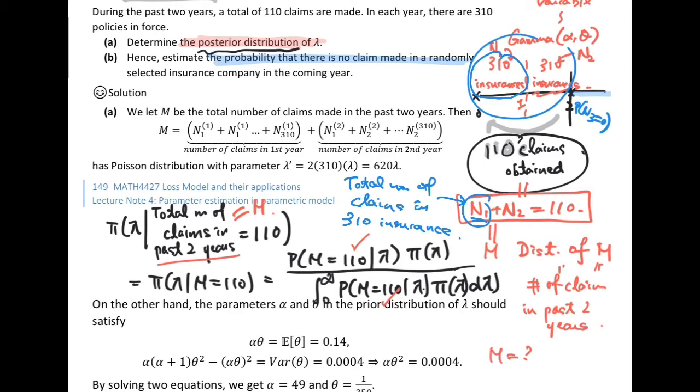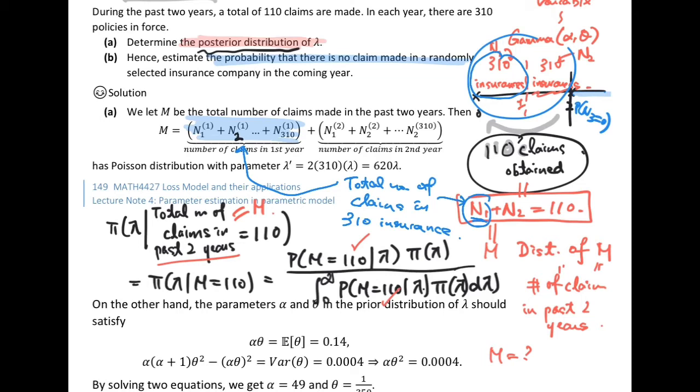This one represents the total number of claims in the first year. I guess I made a little typo here, so this one should be 2. So N1 is N11 plus N21 plus up to N310,1. That will be the total number of claims in these 310 insurance policies during the first year.